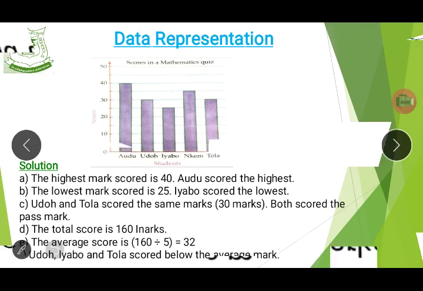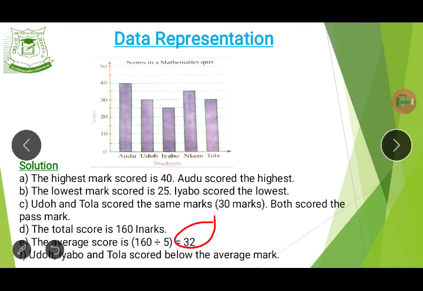Okay, and then the last question says, who scored below the average mark? Now look at this. The average mark is 32. So any mark below 32 is lower than the average score. The ones that are higher than 32 are Audu's score, which is 40, and Nkem's score, which is 35.